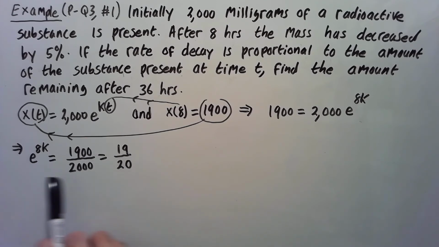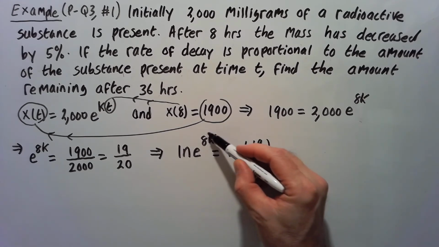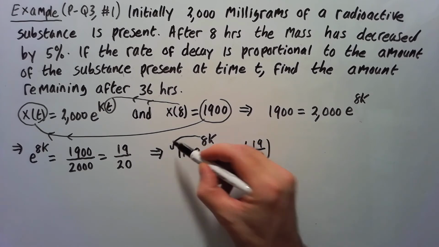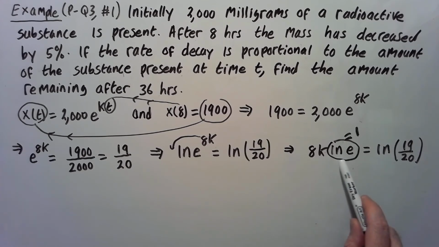Now to solve for k, let's take the ln on both sides. I can bring the 8k in front, so we get 8k ln of e equals ln of 19 over 20. ln of e is 1.